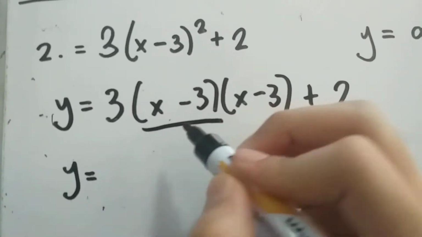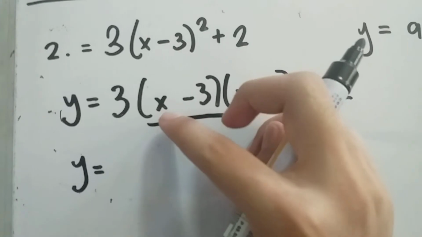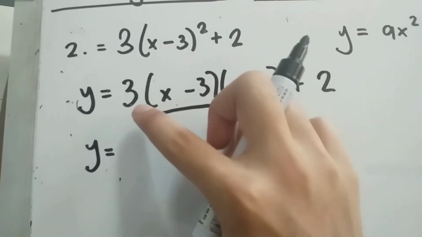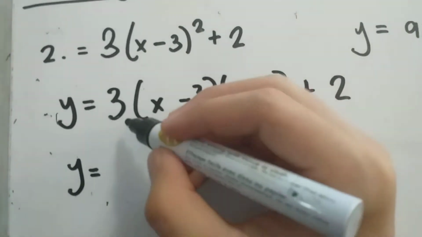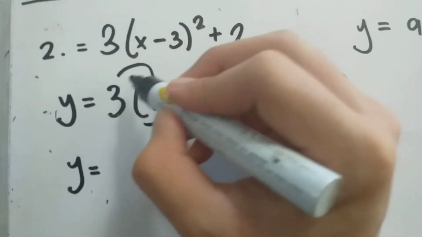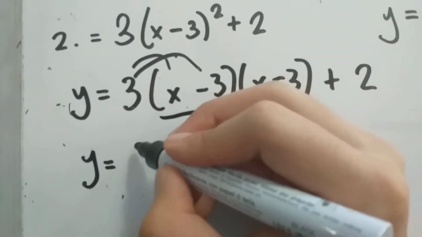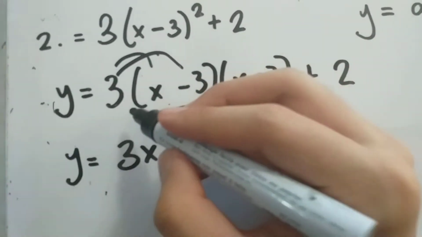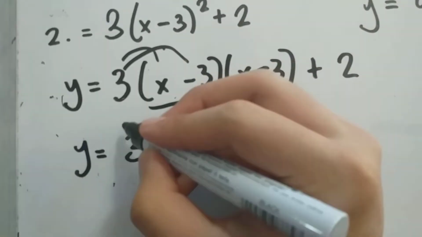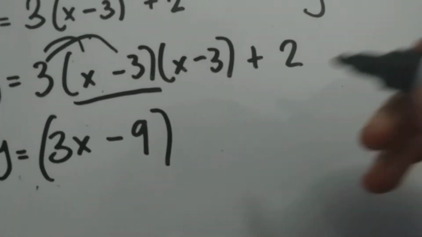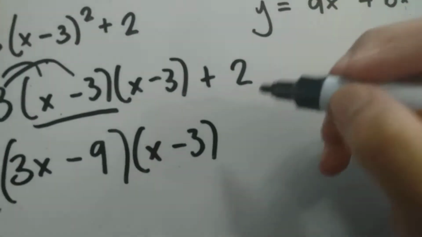You just multiply 3 by the terms inside the parentheses: 3 times x and 3 times negative 3. So it will look like 3x, and 3 times negative 3 is negative 9. Put the parentheses. Then just copy the x minus 3, then also copy the plus 2.